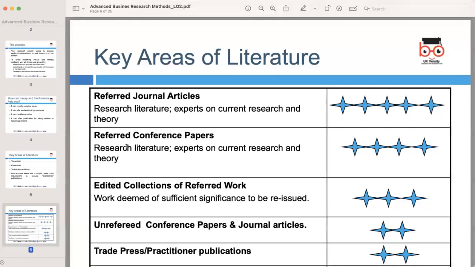So key areas of literature, obviously refereed journal articles, research literature, expert on current research and theory. Refereed conference papers are similar to refereed journal articles.